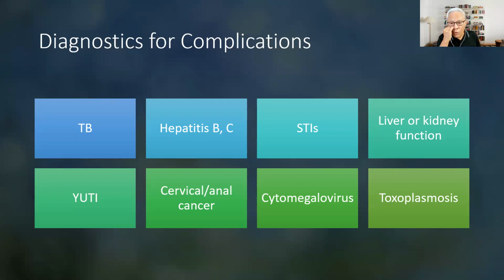And therefore, we order tests in order to look for tuberculosis, for hepatitis B and C, sexually transmitted infection, and UTI, urinary tract infection, as well as some forms of cancer like Kaposi sarcoma, and this usually could be found in the cervical canal as well as in the anal canal. And then, of course, for cytomegalovirus and toxoplasmosis.